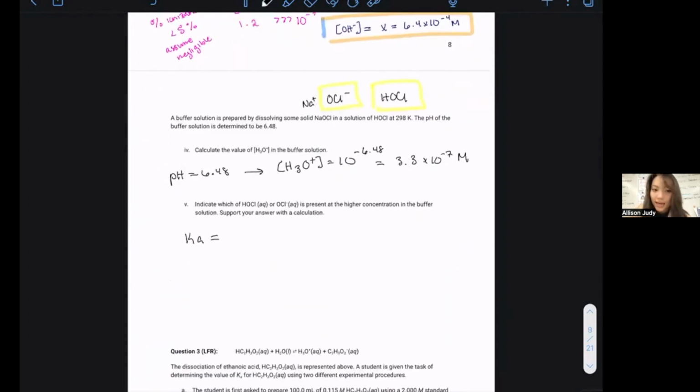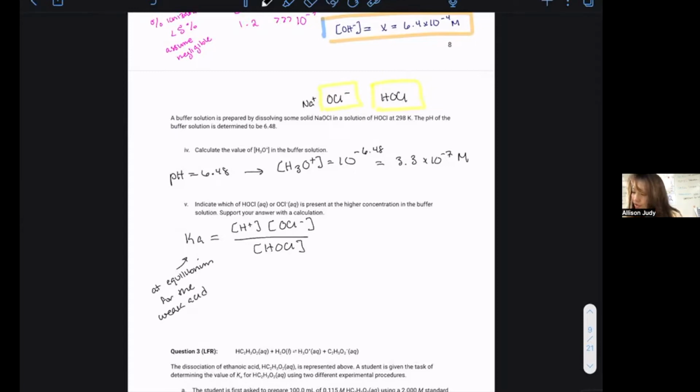Ka is equal to H plus times OCl minus, all over HOCl, the protonated version. Ka is the equilibrium constant, so this tells us the relative concentrations at equilibrium for the weak acid.